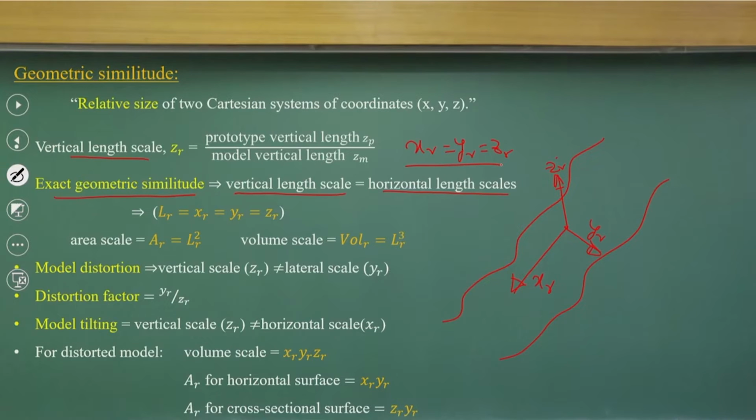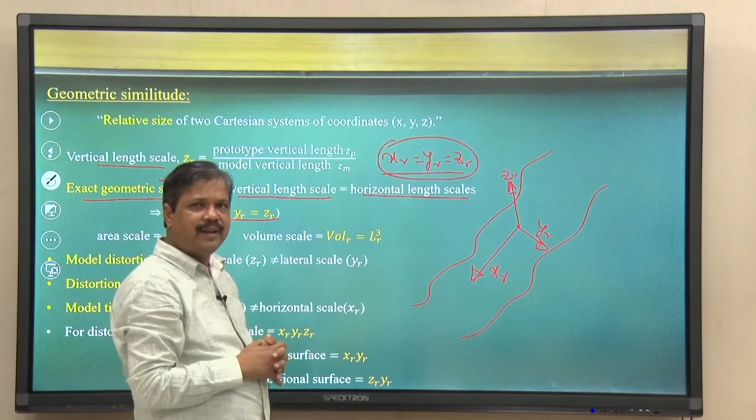You are talking about something like a 3D model of a hydraulic structure, like a dam. We can have all these conditions satisfied, so the ratios XR, YR, and ZR can also be satisfied. This is the condition where the length ratio is called geometric similarity.